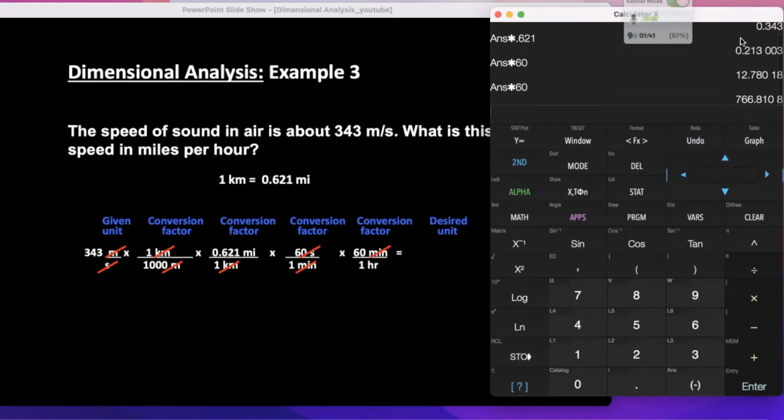And notice again, I just left all the numbers in there until the very end. And then that's when you do your rounding.